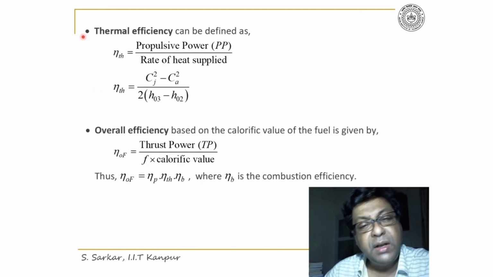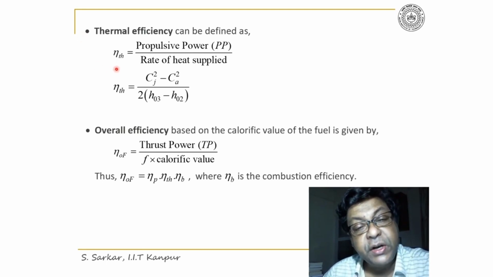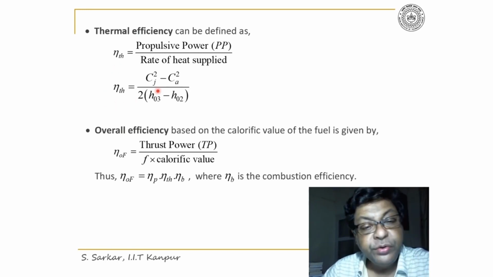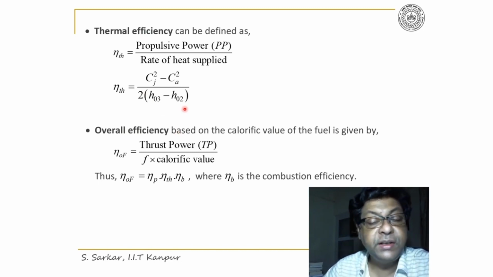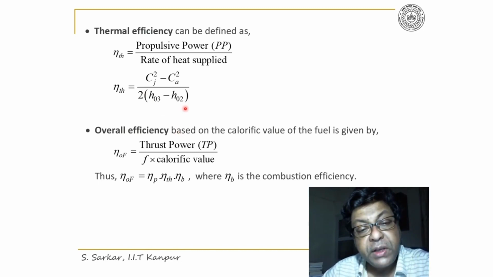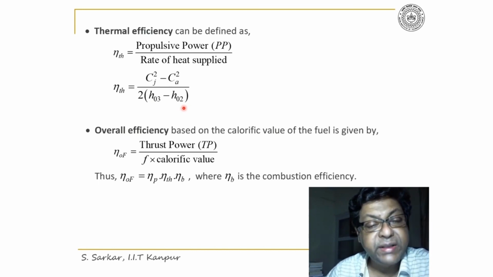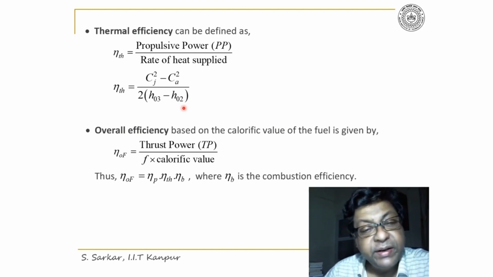Now, the thermal efficiency can be defined as eta thermal is equal to propulsive power divided by rate of heat supplied in the combustion chamber. So, eta thermal is equal to Cj squared minus Ca squared divided by 2 into h03 minus h02, which is equal to the change of enthalpy while heat is being supplied.